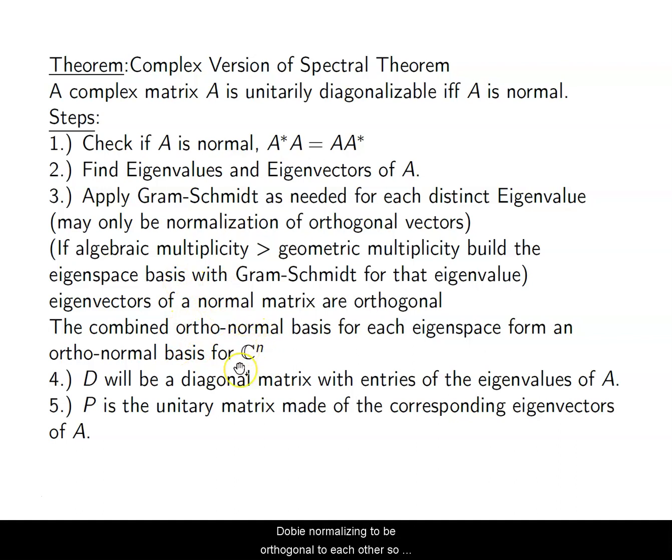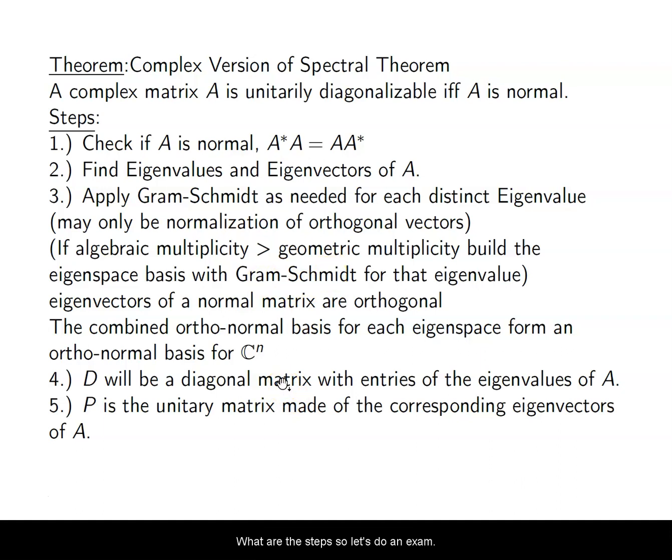So we can take those eigenvectors and use them as the column vectors for P, and that will by default make it unitary because they'll be orthogonal to each other and normalized. That's what all of this is saying. And it's also saying if you run into problems, use Gram-Schmidt. So those are the steps.